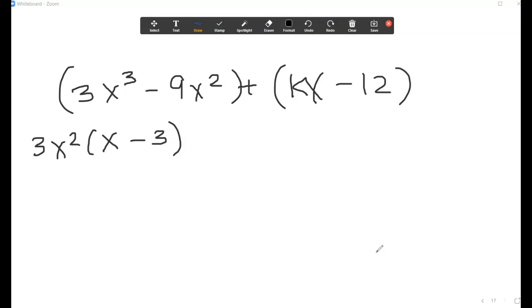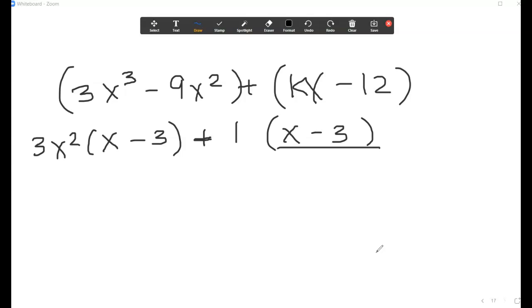And then here, your goal is to make your inside x minus 3, because you want that to be a linear factor. So in order to make that a 3, 12 needs to be divided by 4.